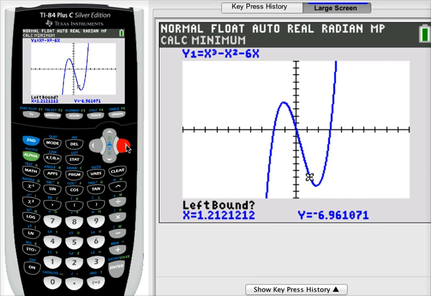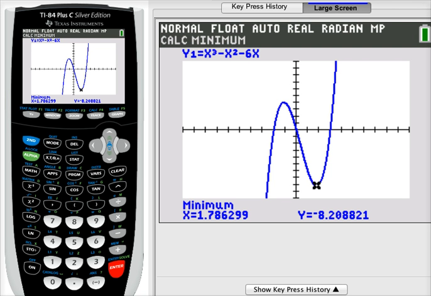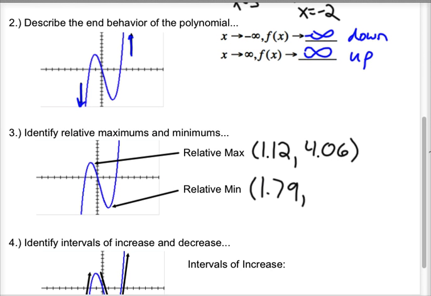Scroll over. So that's to the left of my minimum. Now I need something to the right of my minimum. Hit enter. So 1.79 and -8.21. So that's how we calculate relative max and mins.